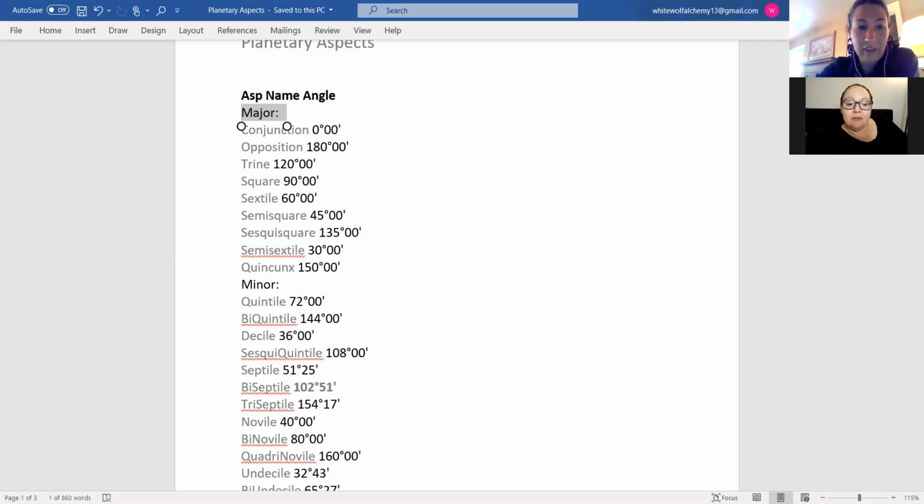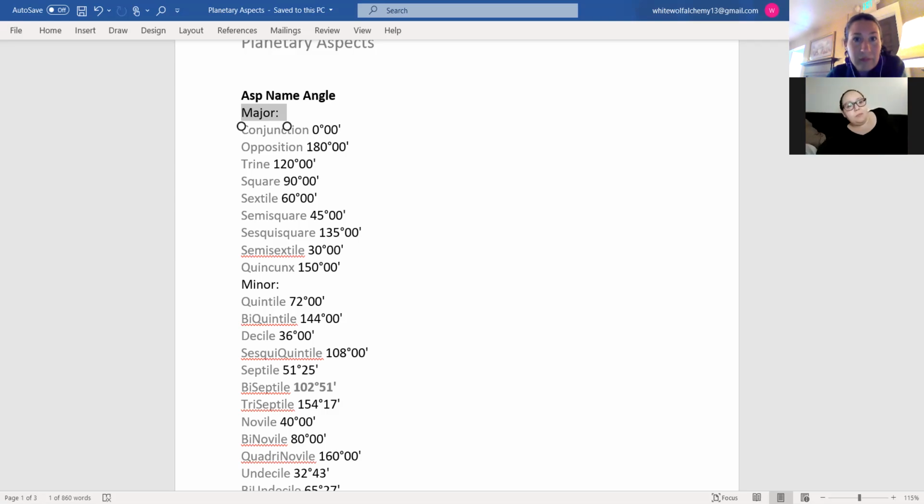So let's now dive into the square, which is a 90-degree angle. It makes up a fourth. They also call it a quartile. I don't know if you can see this here. I still see the Word document.